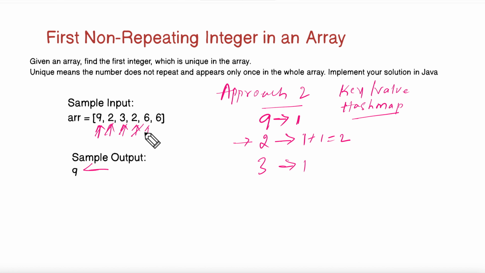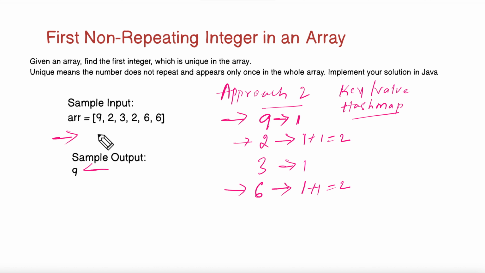Now it will move to a new array element, that is 6. It will create a new key, and the occurrence is 1, and then it will move to the next element. The key is already there, so that's the reason it will increment the occurrence, which will be 2.